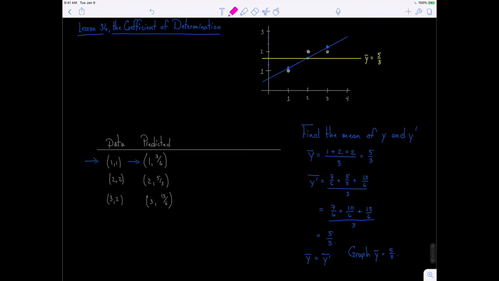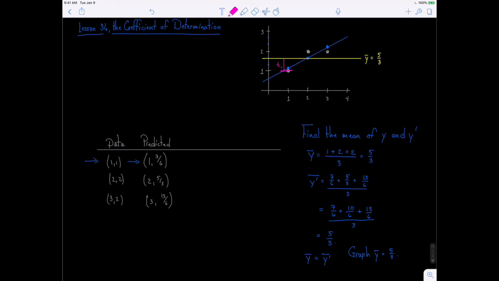So we're going to call the distance here between our mean and the actual data value, this distance right here, that is what we're going to call our deviation. We're going to call that t1. That's my total variation on the first point.